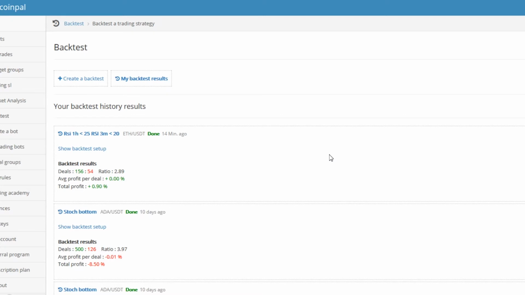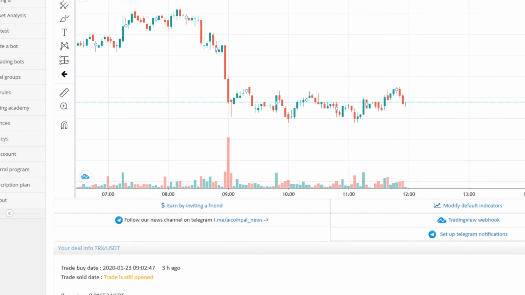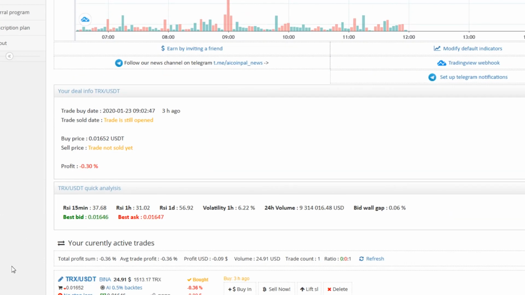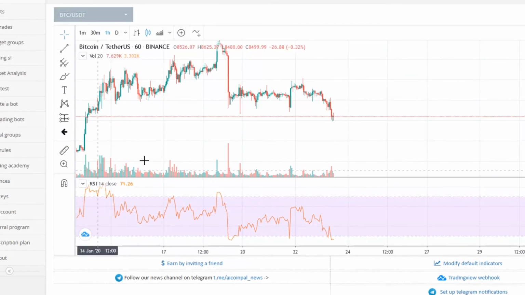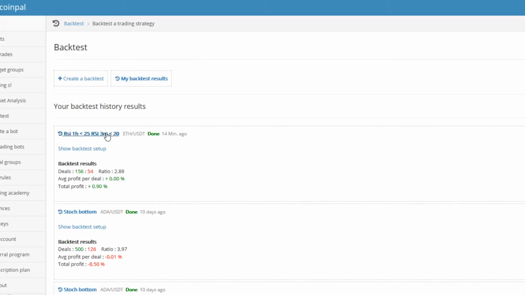Okay, now that our backtest is done, we see the backtest results, and they are not sufficient or sophisticated enough for us because we have only a total profit of 0.90% on nearly 200 trades. However, while we were looking at the trades here on the Bitcoin indicators, I saw that maybe we can change something.